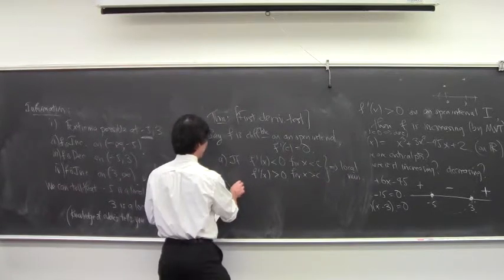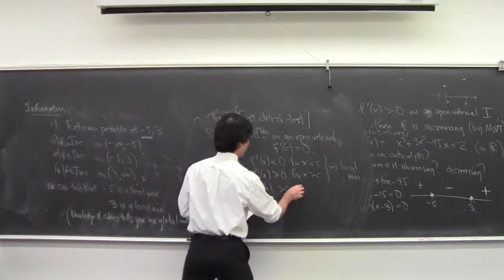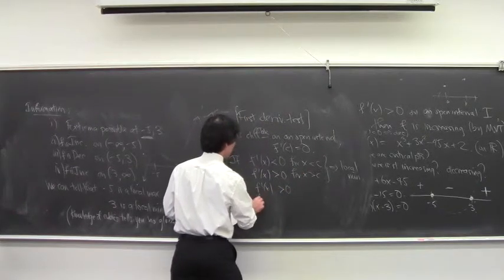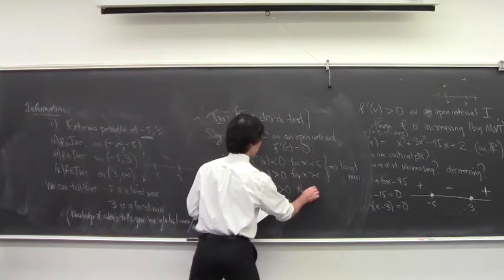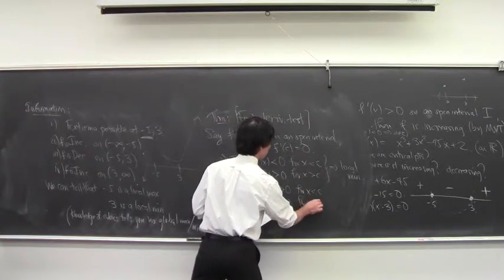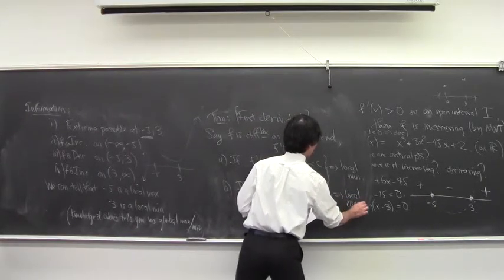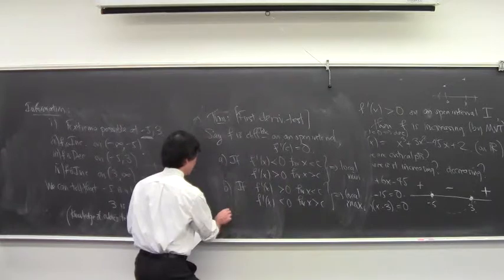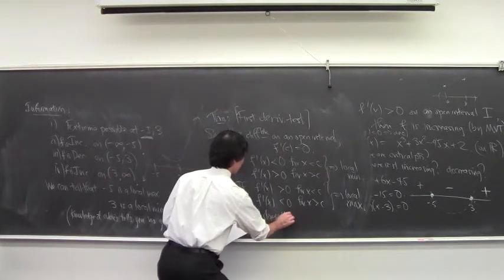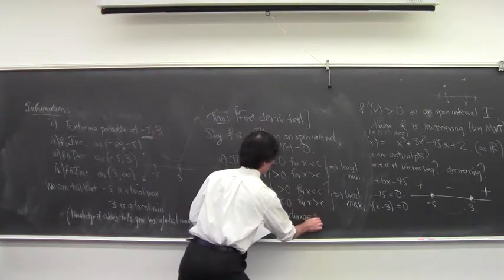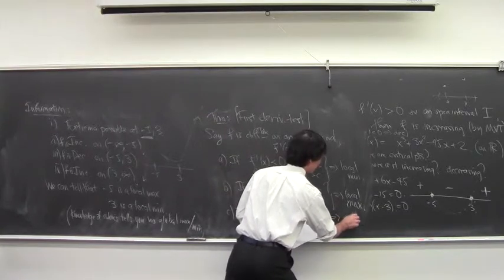Right? If f prime is bigger than 0 before, and smaller than 0 after, then it's going to be a local max. And if f prime doesn't change sign, then it's neither min nor max.